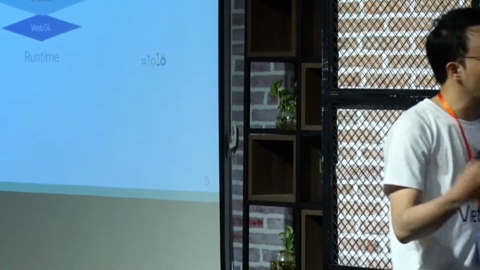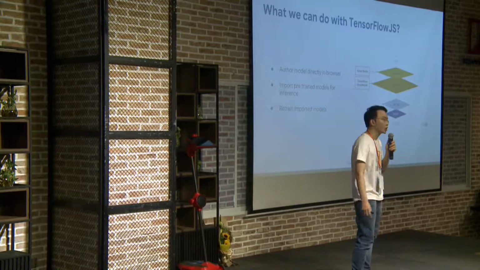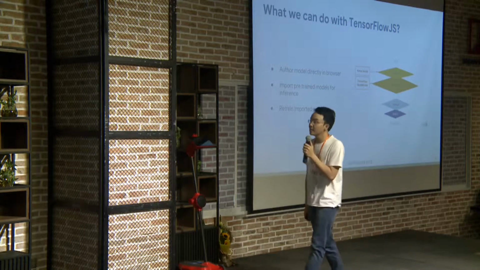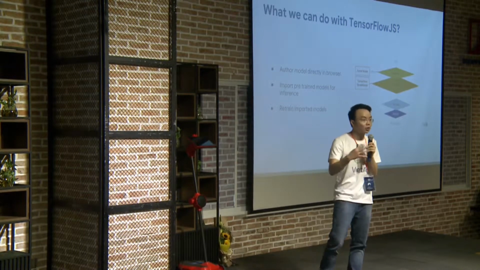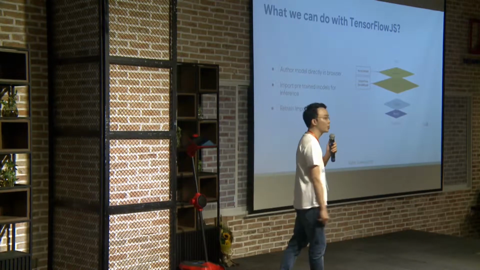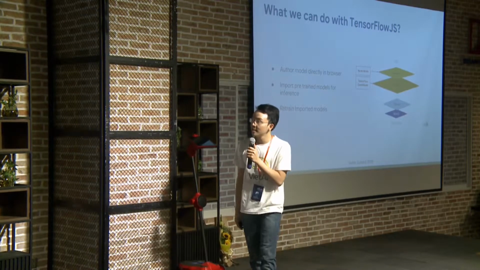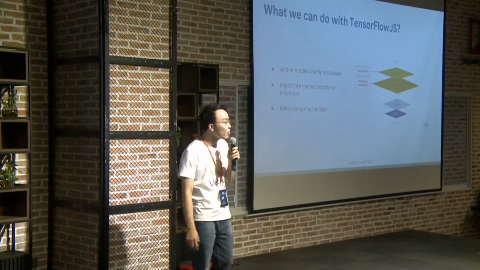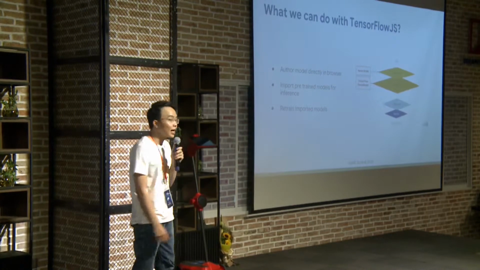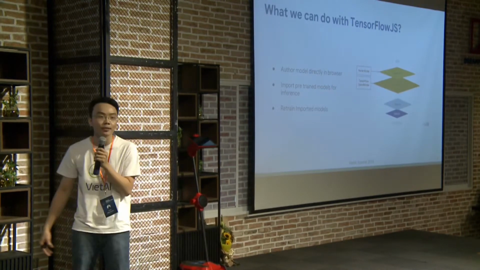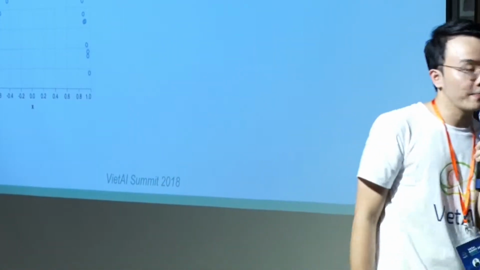With TensorFlow JS, I'm going to list some things we can do. First, we can author a new model in browsers. Next, we can import pre-trained models for inference. And the last thing we can do is retrain imported models. The first problem is pretty easy, right?